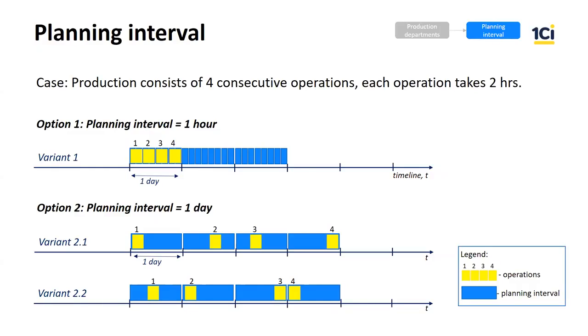So we are very flexible, but we can't say that we are very precise and very efficient. There may be many other variants of how to choose planning intervals and consequences of those choices. There is no right or wrong answer to what the planning interval must be. It depends on each particular circumstance.